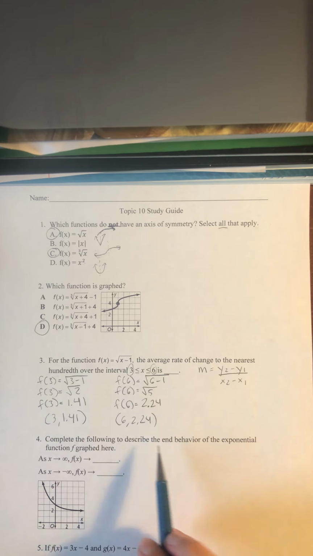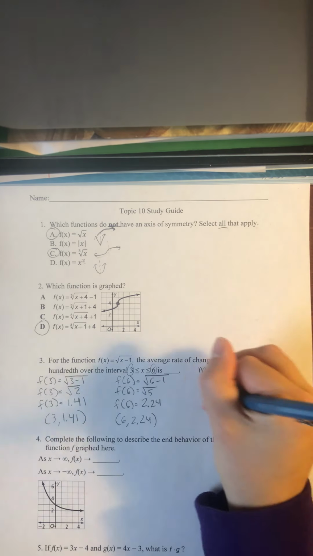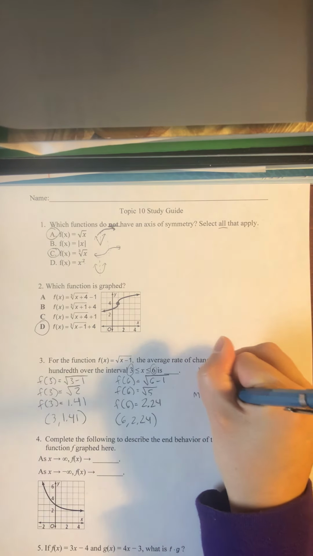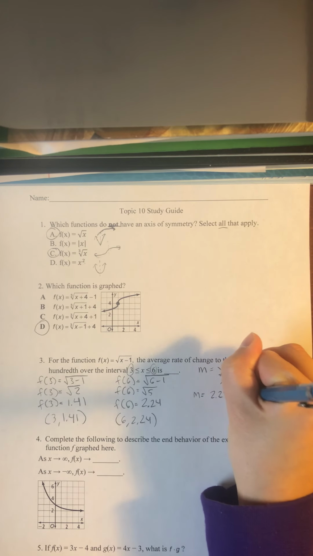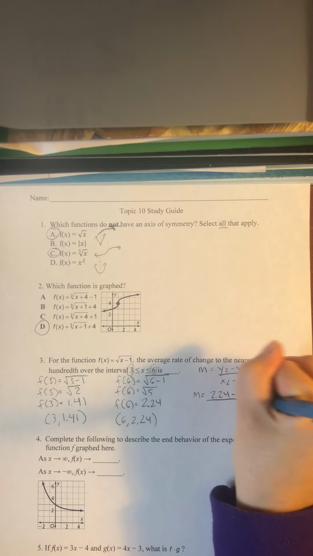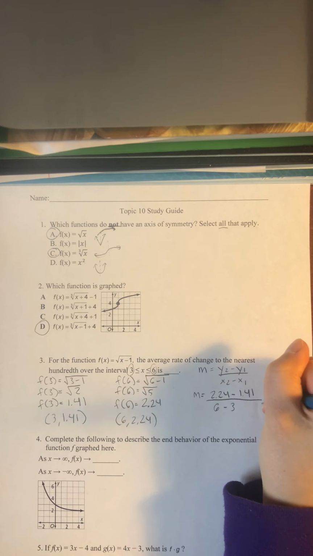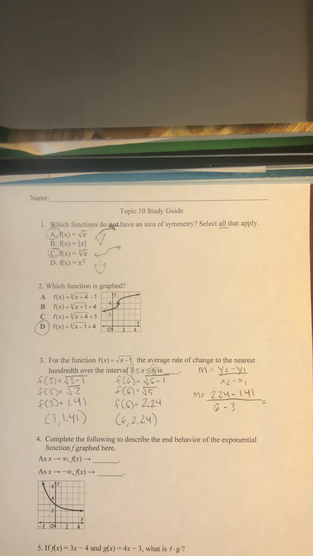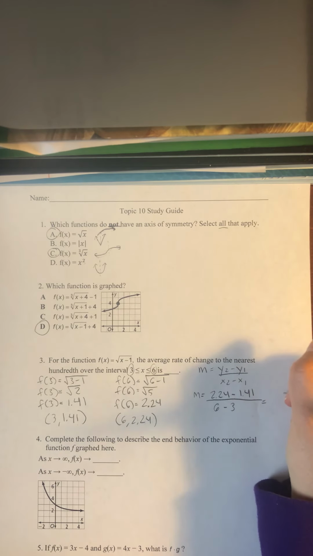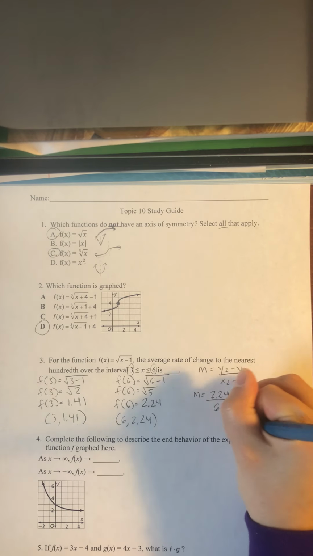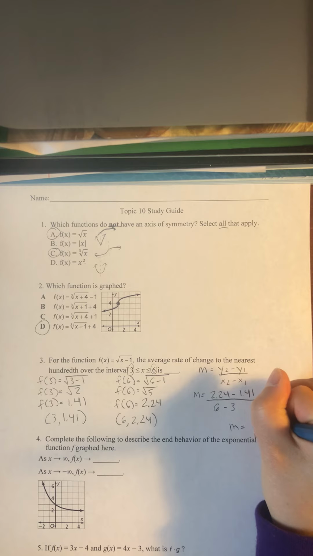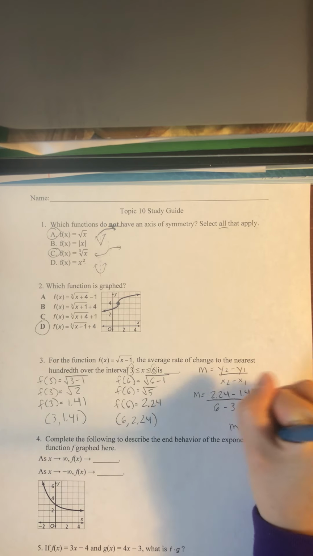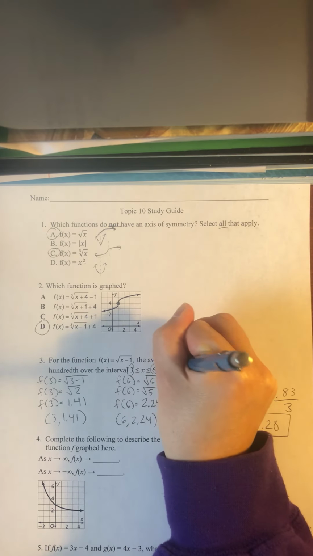So m equals 2.24 minus 1.41 over 6 minus 3. And that's about 0.83 over 3, which is about 0.28. So the slope is about 0.28.